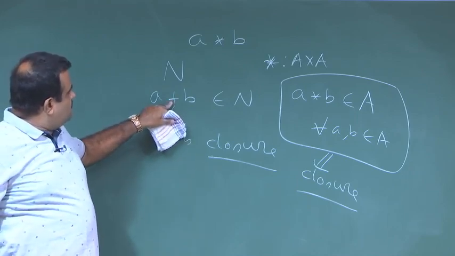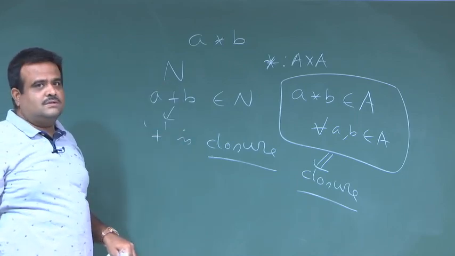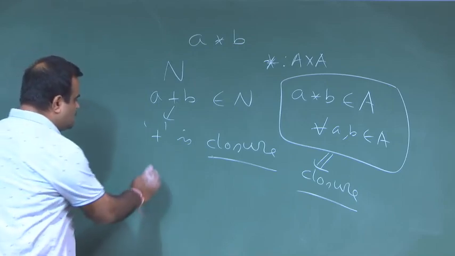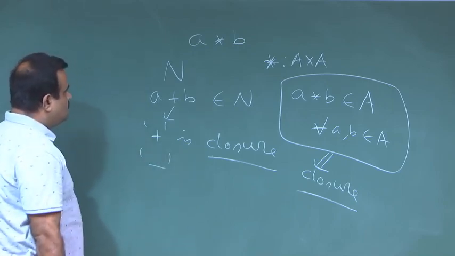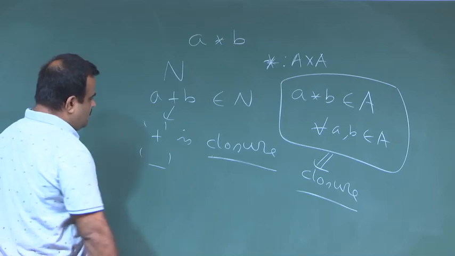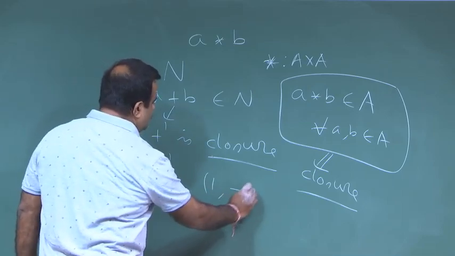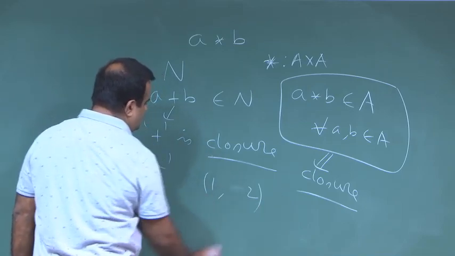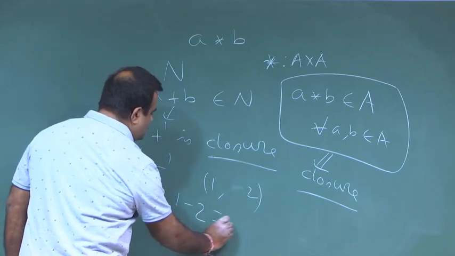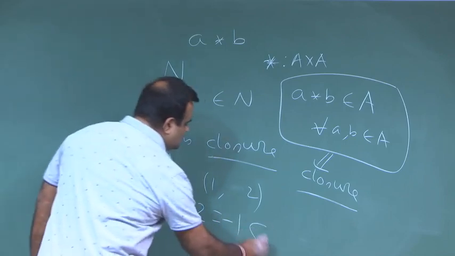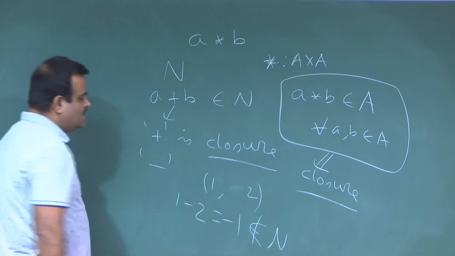For example, plus is closure on the set N, but subtraction is not closure, because if you take two natural numbers, say 1 and 2, then 1 minus 2 is minus 1, which does not belong to N. It is an integer.